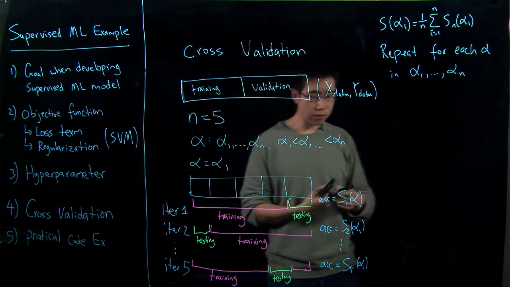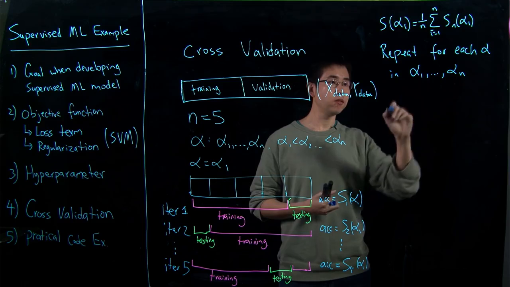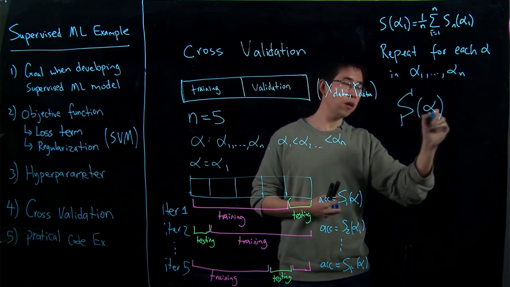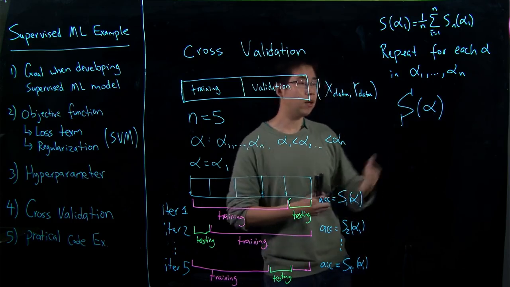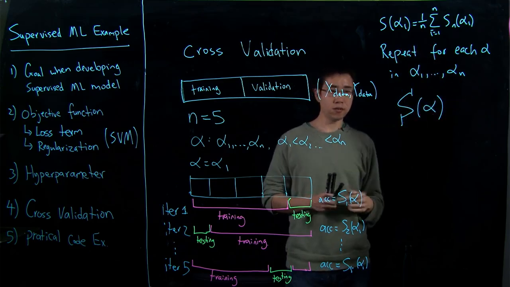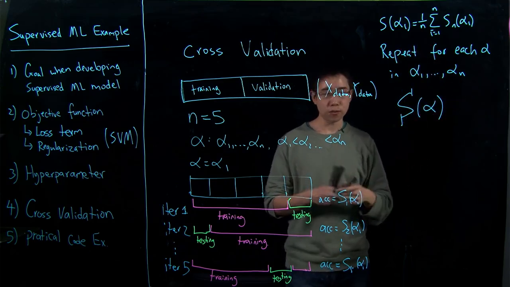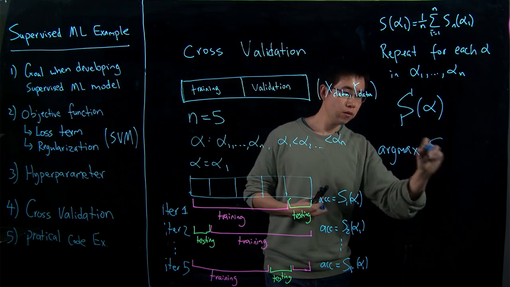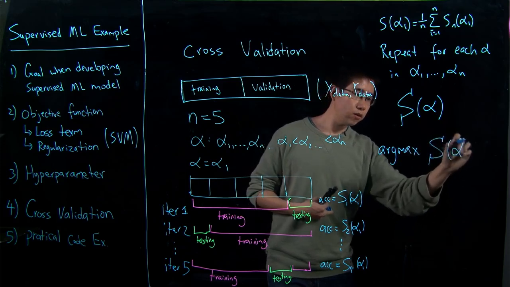And this will give us then a function, let's say big S of alpha, that consists of the accuracy score for each of these alphas. And our goal then is to now find the argmax of S of alpha.